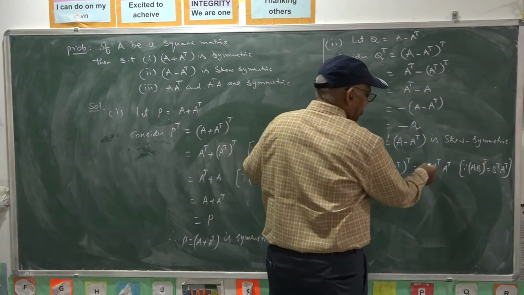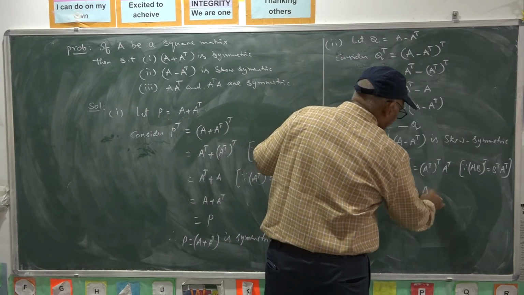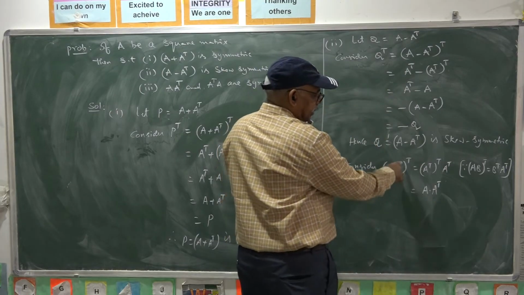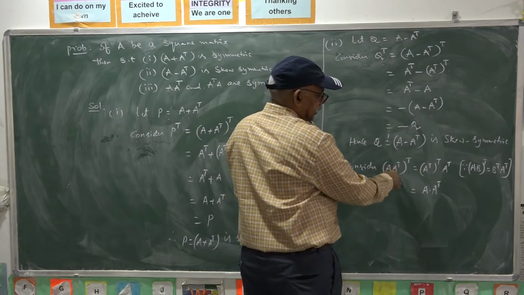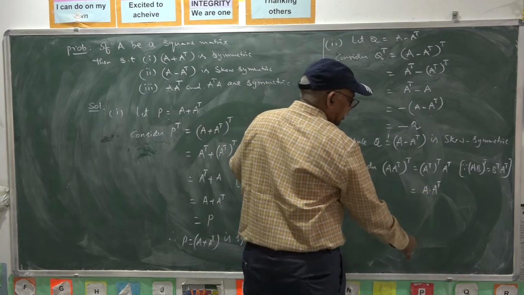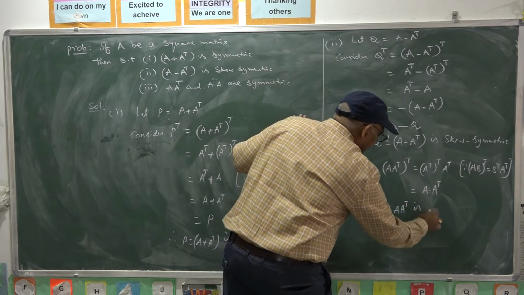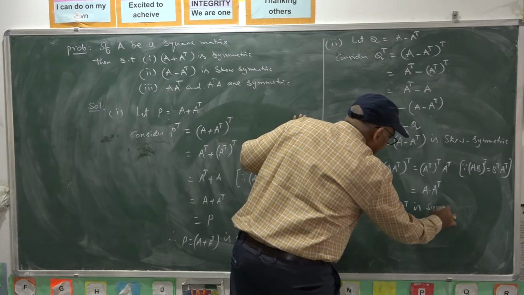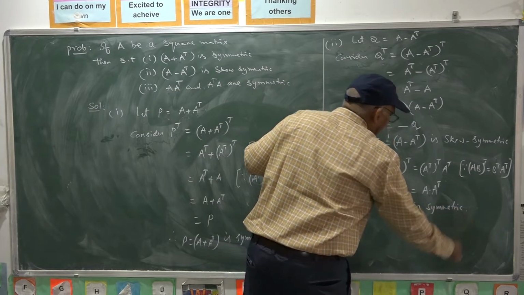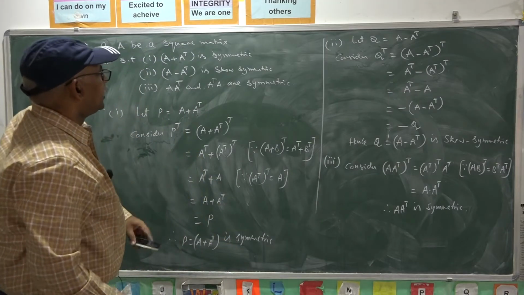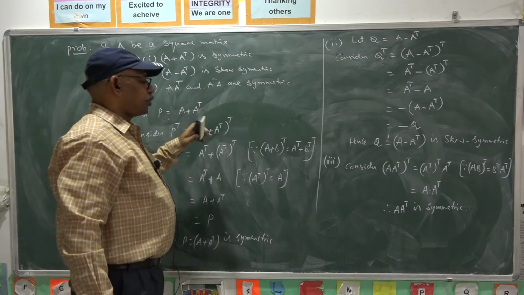Here A transpose whole transpose is again A, so it is A into A transpose. Once you consider this one as the matrix X, X transpose is X itself. So hence A A transpose is symmetric.